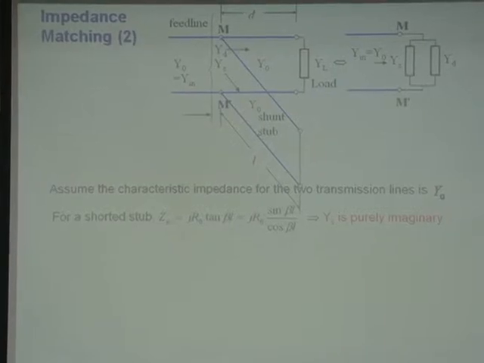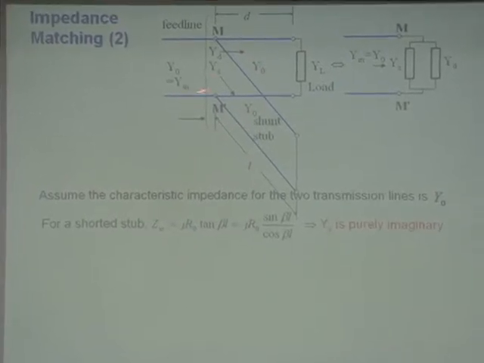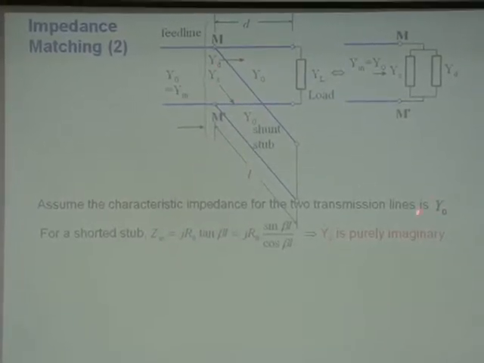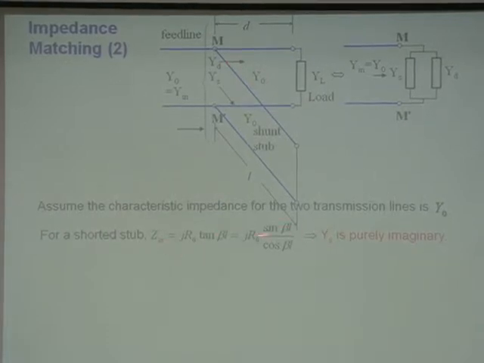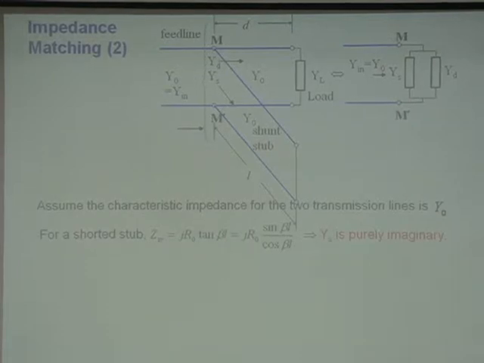Now assume your characteristic impedance is y0. For short circuit or open circuit, you can pick up the formula I told you 2 weeks ago, and then just calculate the impedance for short circuit transmission line. Well, you can do the same thing for open circuit transmission line.